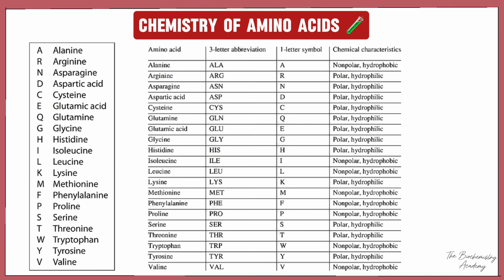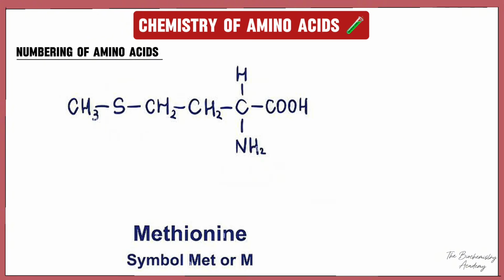There are 20 standard amino acids that are used in protein synthesis to make protein, but we are going to use the amino acid methionine to understand the numbering of amino acids.